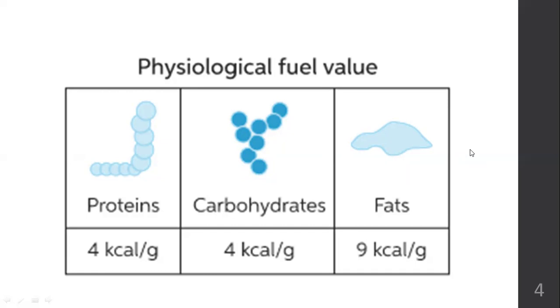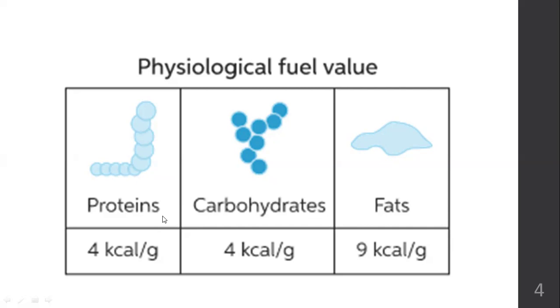For example, 1 gram of protein should give you around 4 kilocalories. But if you have 10 grams of protein, by this formula it should give you around 40 kilocalories of energy. But that is not exactly how the body takes it in. It could be 35 or 38 kilocalories.